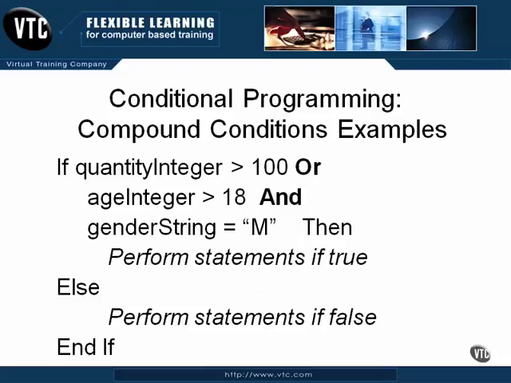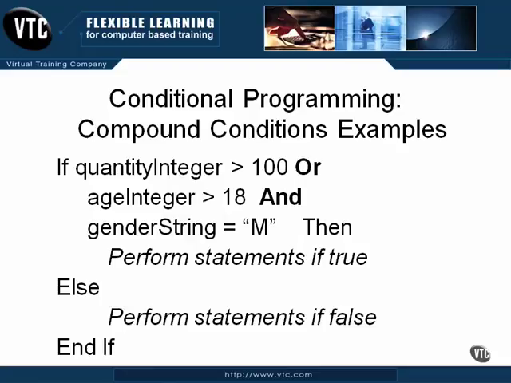That is, in this condition, the age integer greater than 18 and the gender string compared to M would be evaluated first, and only if that is true would it consider the OR, which is quantity integer greater than 100.